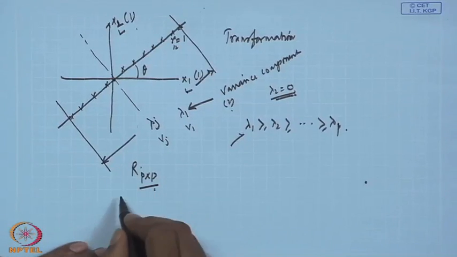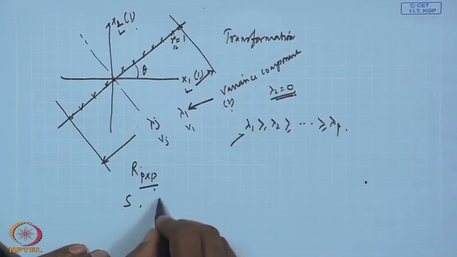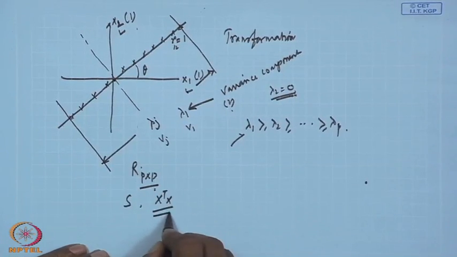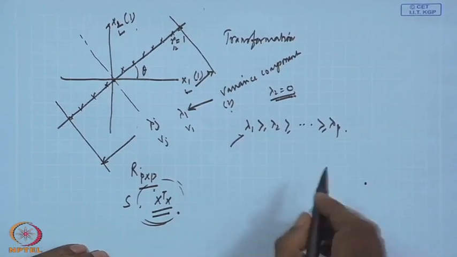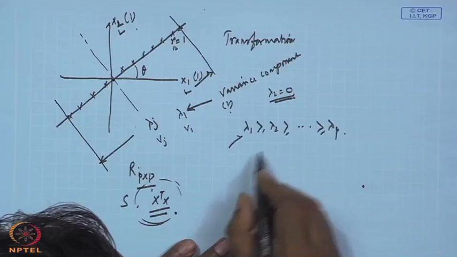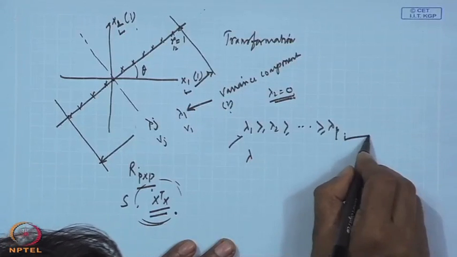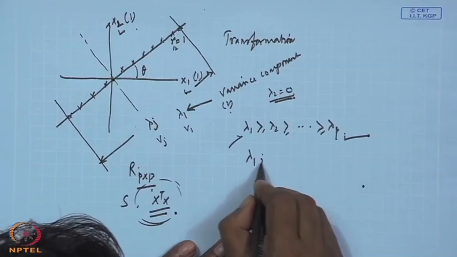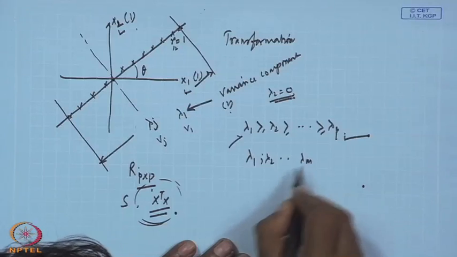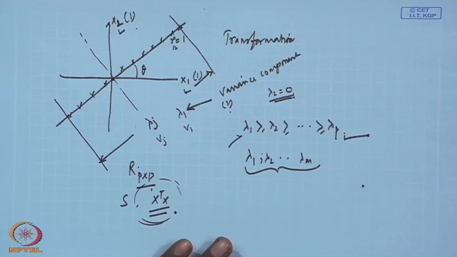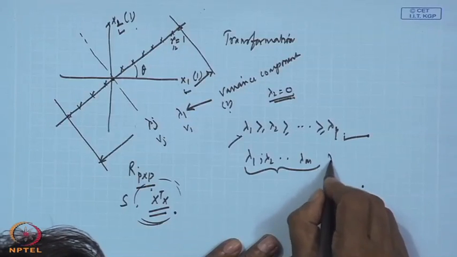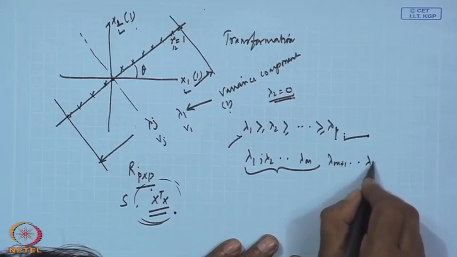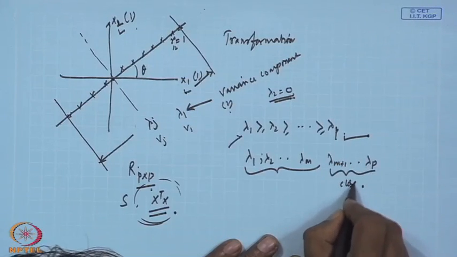We assume that R or S or X transpose X, when we do regression, is full rank. Now, what will happen if out of these p eigenvalues, lambda 1, lambda 2, up to lambda m are not equal to 0, but lambda m plus 1 to lambda p are close to 0?